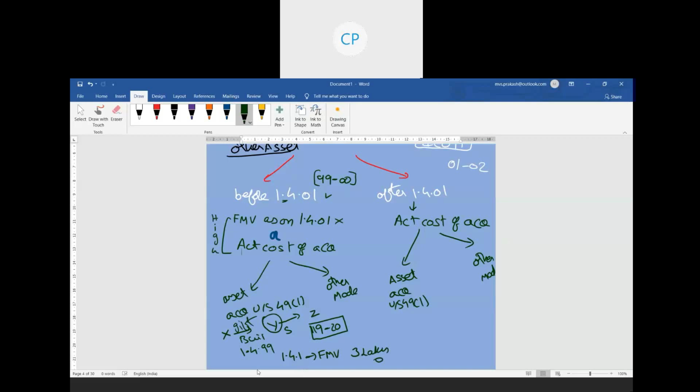In that case, section 55 says that if you are acquiring the asset in a mode specified under section 49 subsection 1, it says the fair market value as on 1st April 2001 or the cost to the previous owner. Whatever X purchased it for, that will be considered as your cost because you have not paid anything.